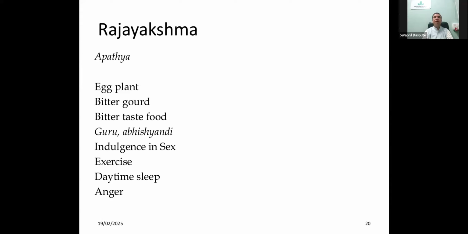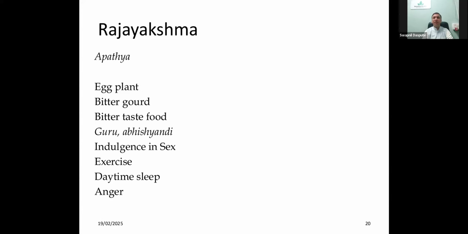So, if you have a patient who has a history of Rajakshma or TB in the past, you can certainly get a fresh tuberculin test done, so that we know if it is active or in the dormant stage.